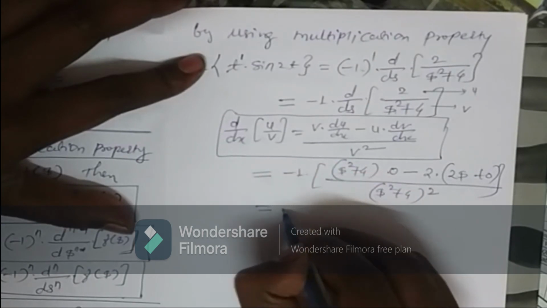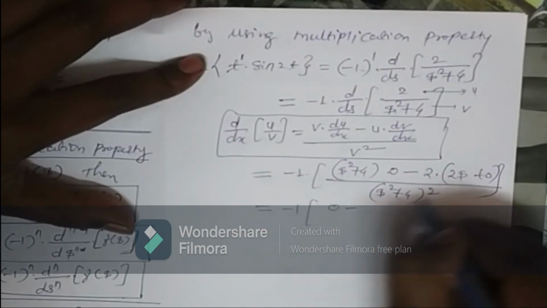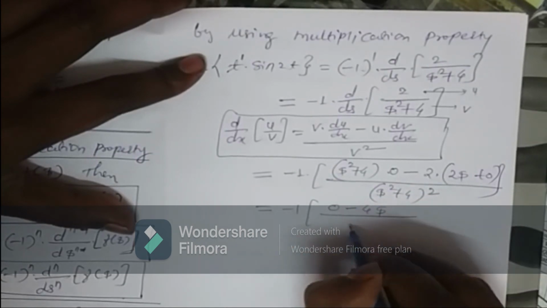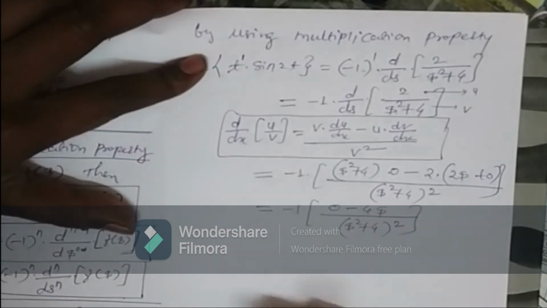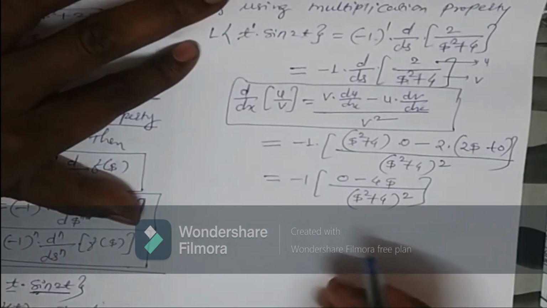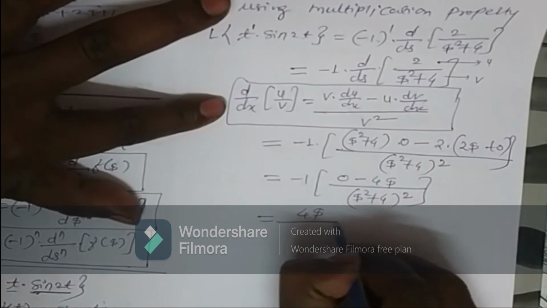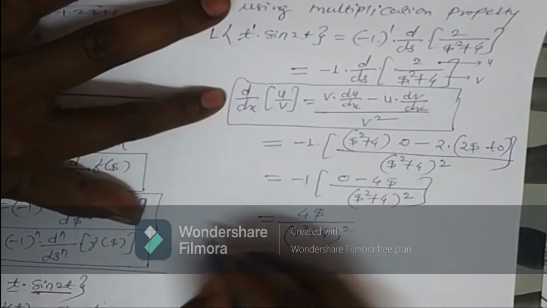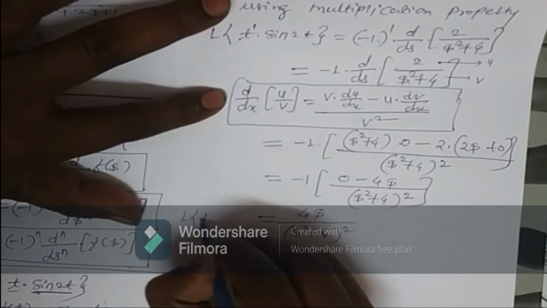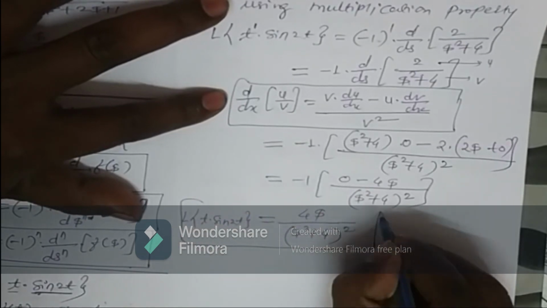So this is -1 times (0 into anything is 0, minus 2 times 2s, that is 4s) upon (s^2 + 4)^2. Finally this can be written as minus minus plus, so 4s upon (s^2 + 4)^2. This is the Laplace transform of t into sin 2t.